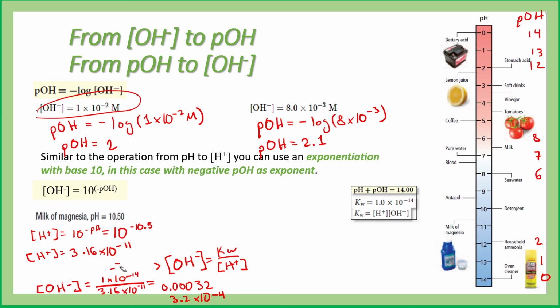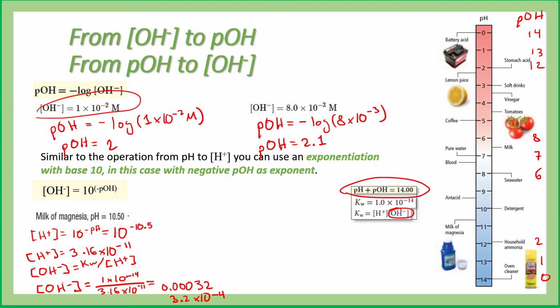I'm going to rewrite that formula here to make some space. It says that hydroxide ion concentration is equal to the water constant divided by the hydrogen ion concentration. I solved this formula for hydroxide ions. Another way that you can solve this is simply looking at this: pH plus pOH is equal to 14.